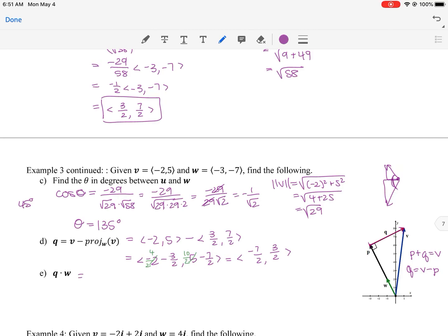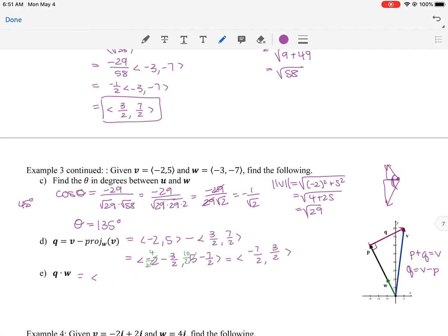Okay, so finally, if these really are orthogonal, when I multiply vector W times Q, whenever things are orthogonal, so they're at a right angle, you should get that they equal 0. Oh, sorry, my bad, wrong one.